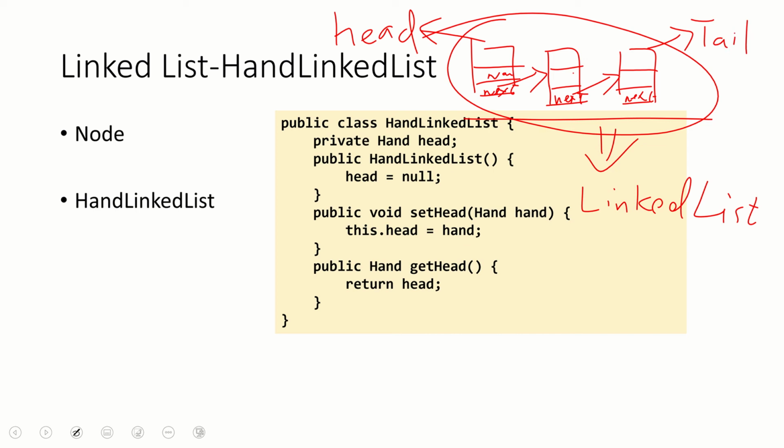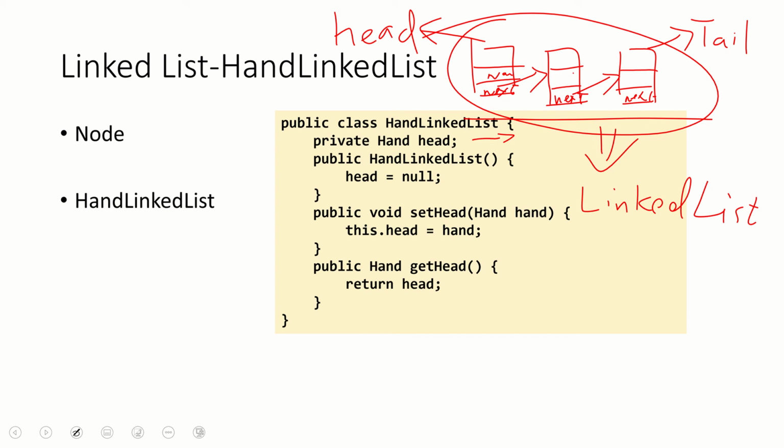Once we know this, it will be easy to define the linked list. So first, in this one, we define the head. In this example, we only define the head. In the following, you can define the tail, it's up to you.